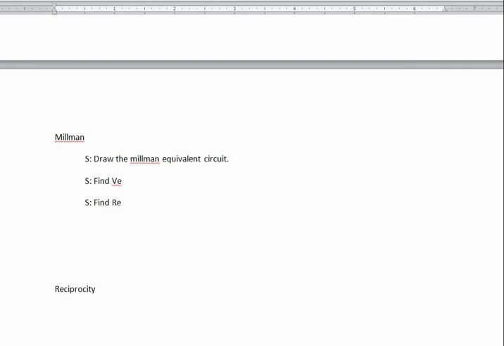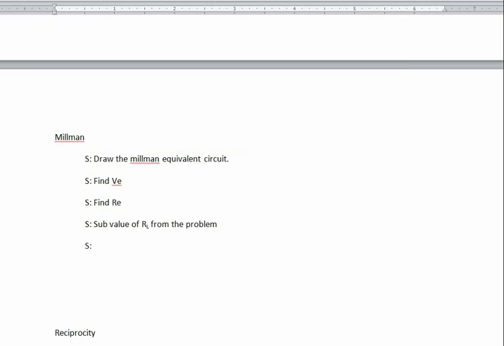Then substitute the value of the load resistance from the problem in the given circuit.